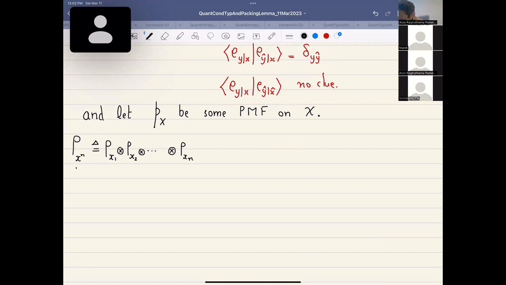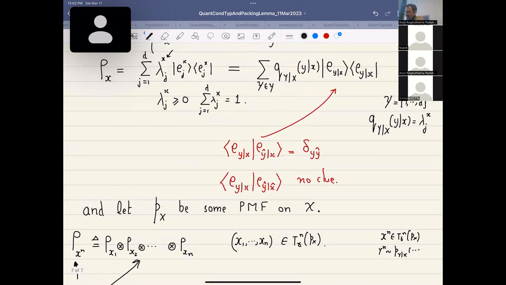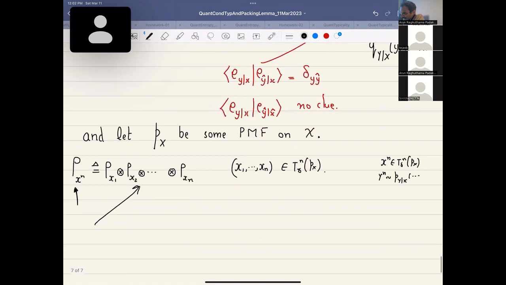I'm really interested in whether I can localize this. I can't localize this in general, but if my x1 through xn belongs to the typical set T delta n of p x, then possibly I can say something about the dimension of this. This is exactly what we were doing previously. Previously, we took our x^n to be in T delta n of p x, and if I pull out my y^n according to p of y given x, we know where y^n will live. I'm going in exactly that direction, with q now in some sense replacing p. But remember, they're not commuting. In the previous case, everything was commuting, and somehow everything worked out fine.